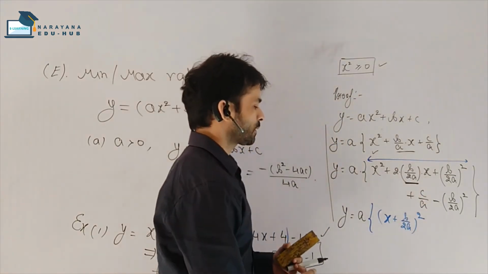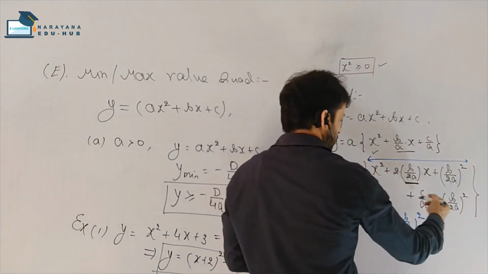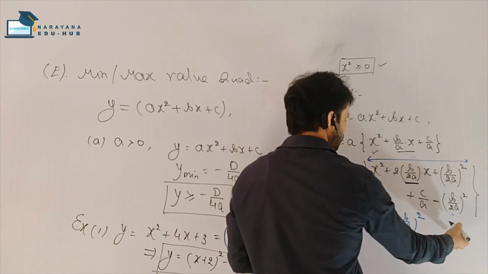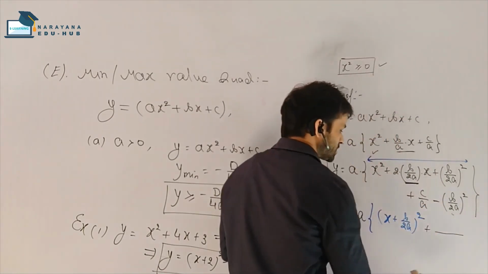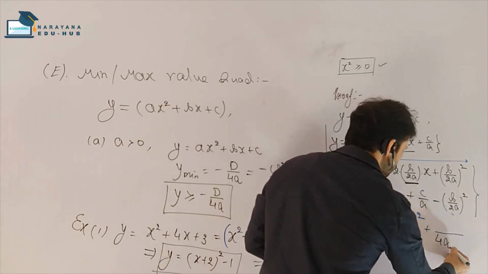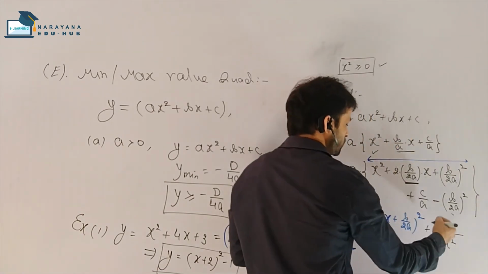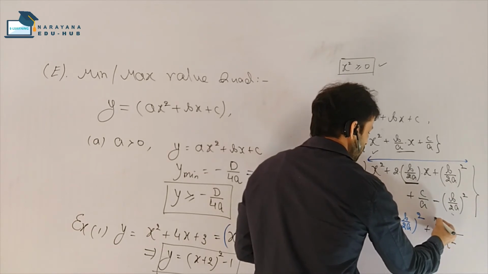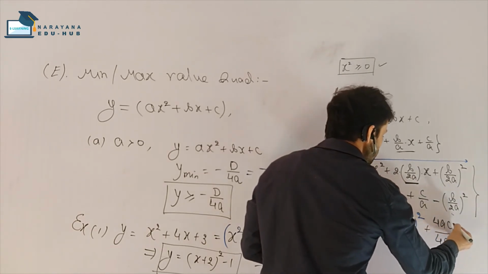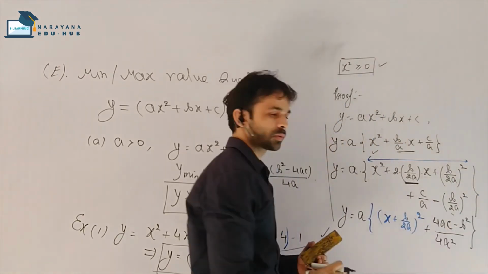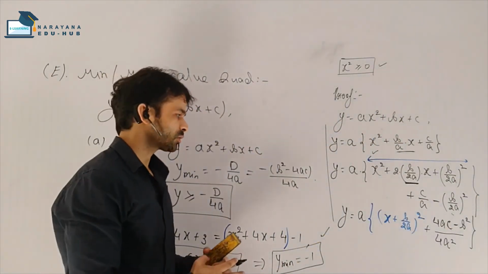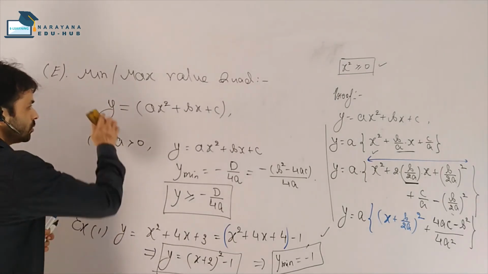whole square. And now here the denominator is 4a square, so 4a square will be the LCM. So how much will we be getting? We will be getting 4ac minus b square.